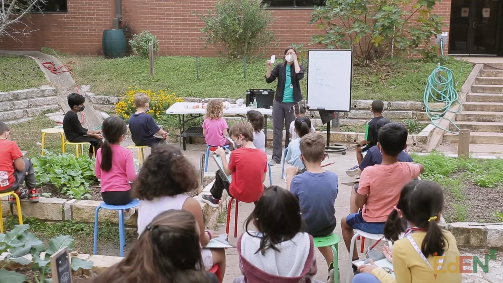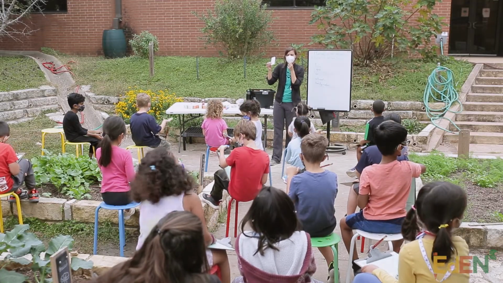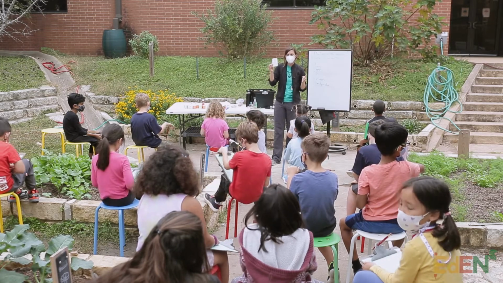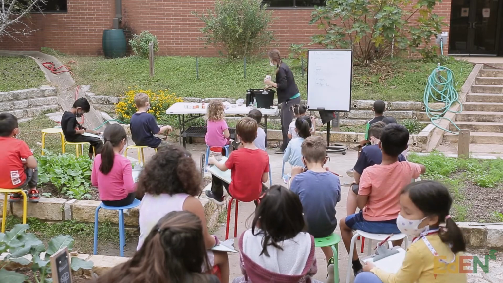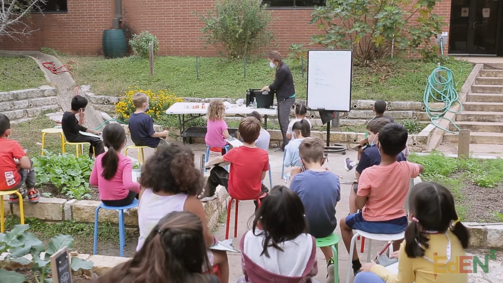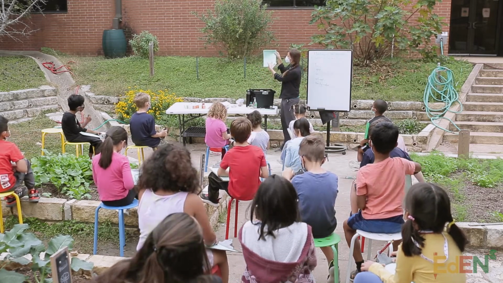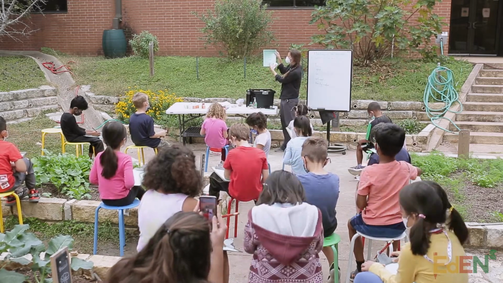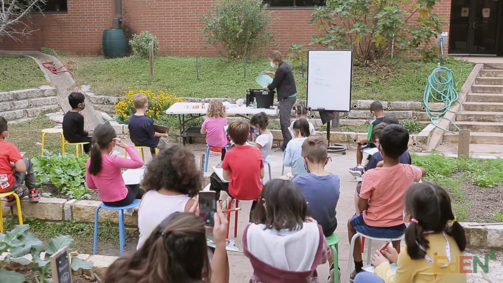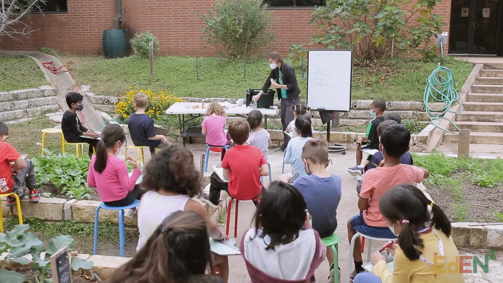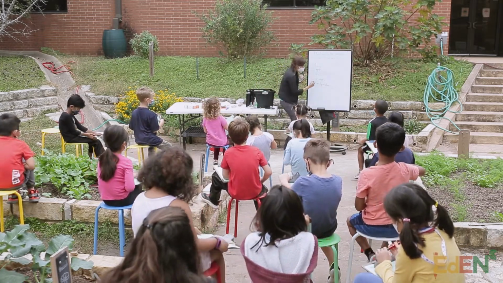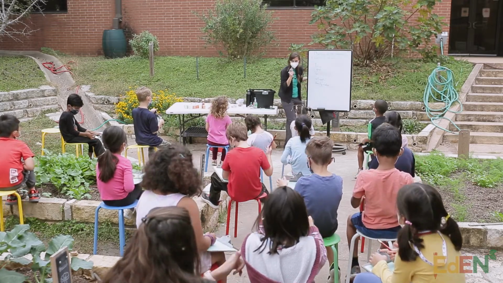So here's what we're gonna do. We're gonna write down the information about our plants on your worksheet, and then I'm gonna tell you how we're gonna put them in the ground. So you have a line on the bottom of your worksheet that says, today I am planting blank. It will be ready to eat on blank. So I'm gonna tell you what to write in those blank lines, okay? So today I am planting, what are we planting?